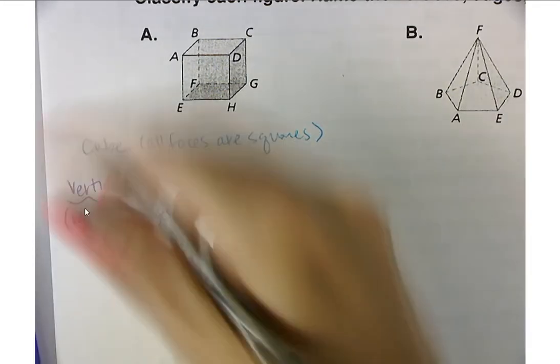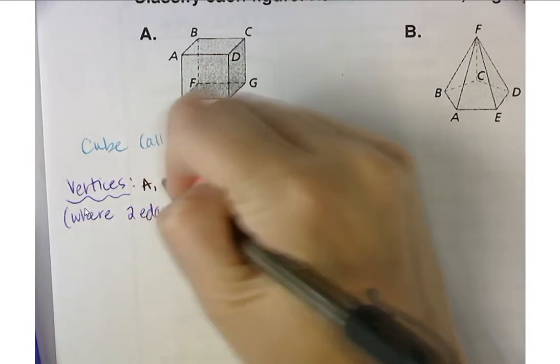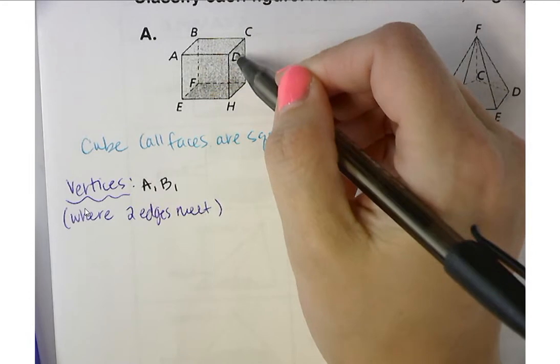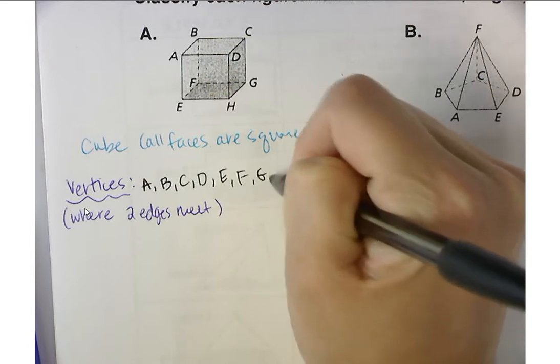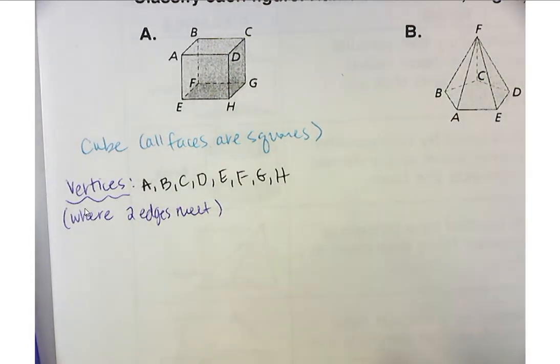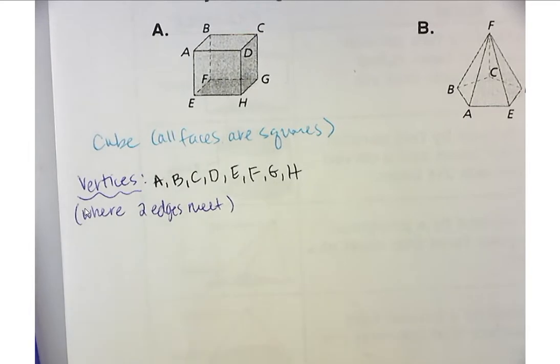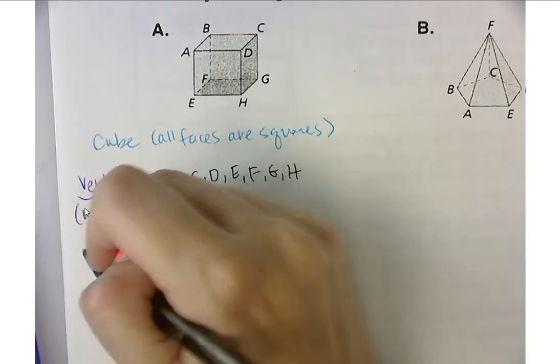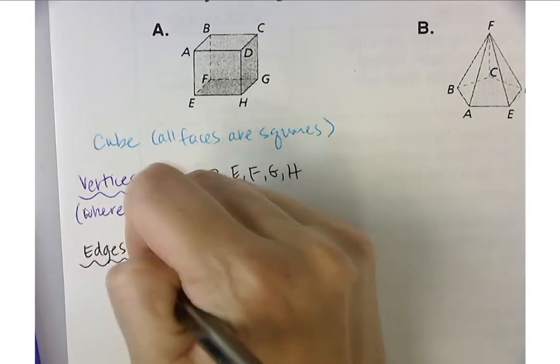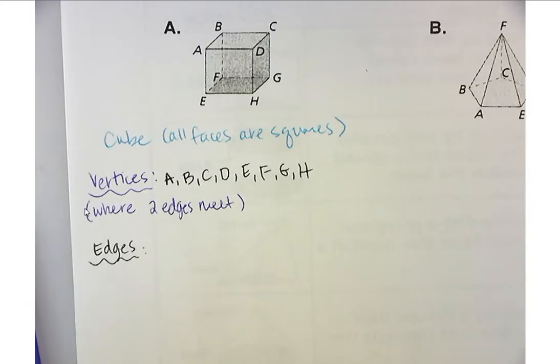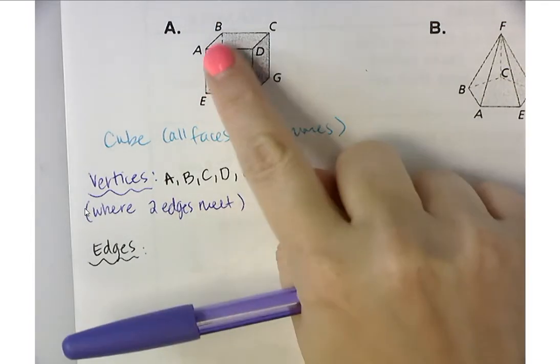For this one, your vertices are going to be A, B, C, D, E, F, G, and H. So all of those are points where two of the edges meet. Now we're going to label what the edges are.